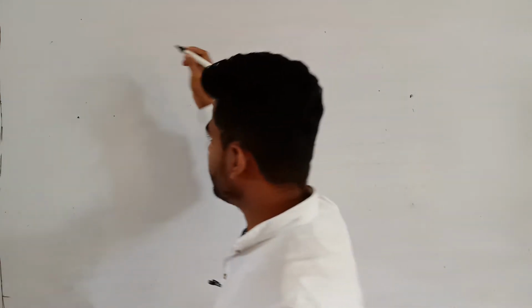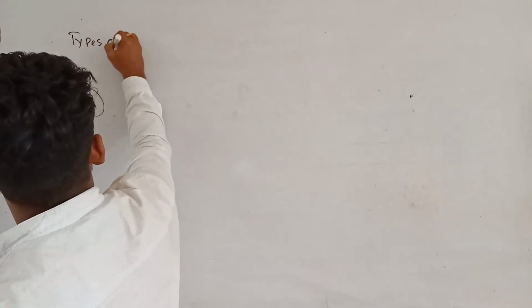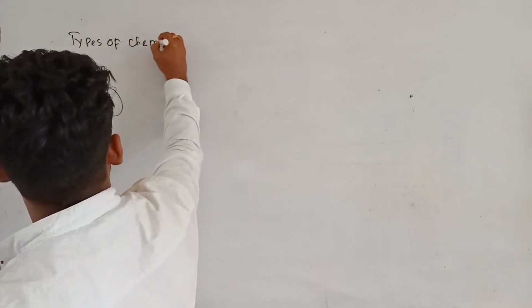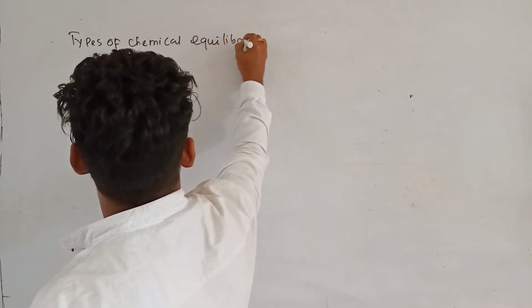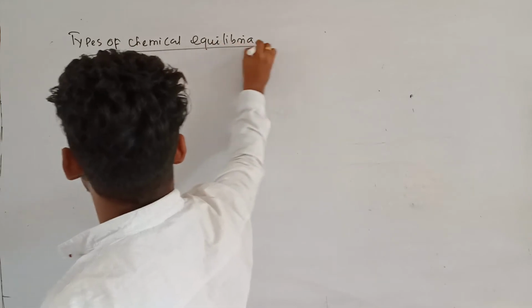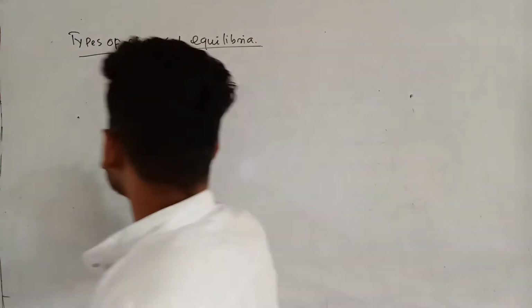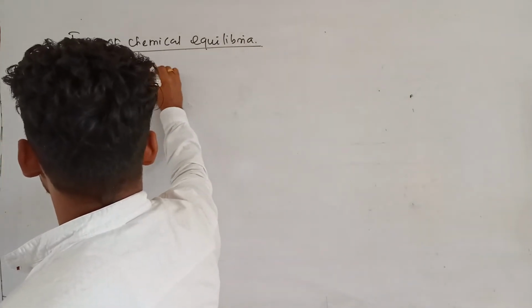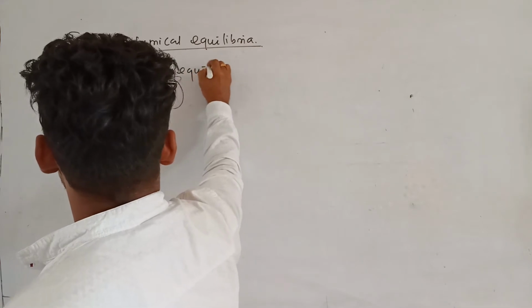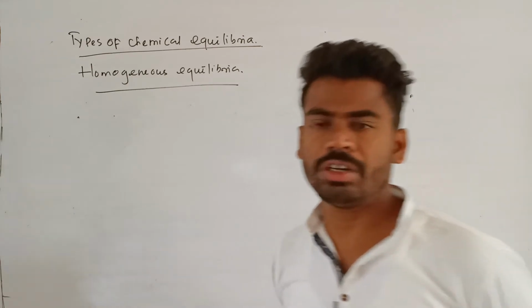Next we will see types of chemical equilibria. First one, that is homogeneous equilibria. You know homogeneous means which consists of a single phase.